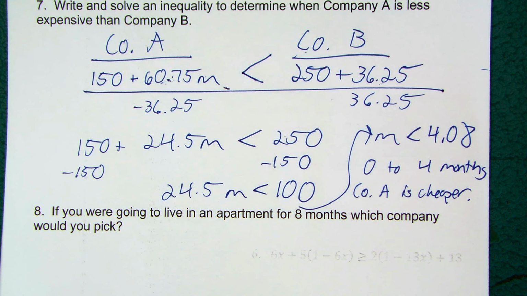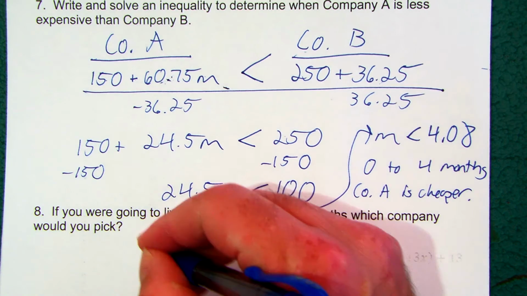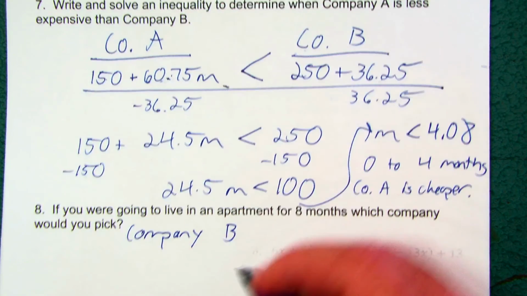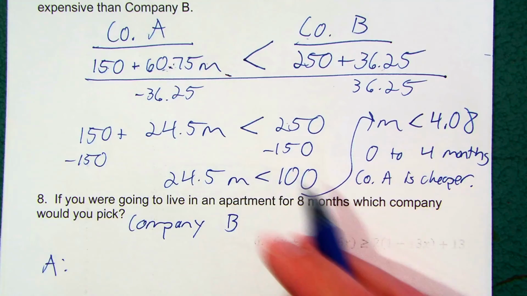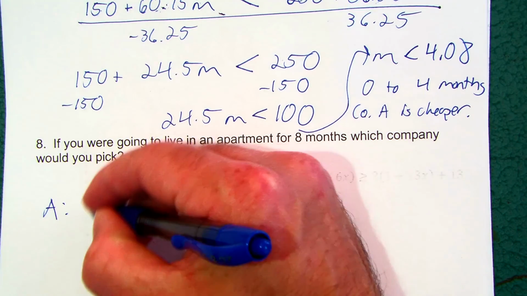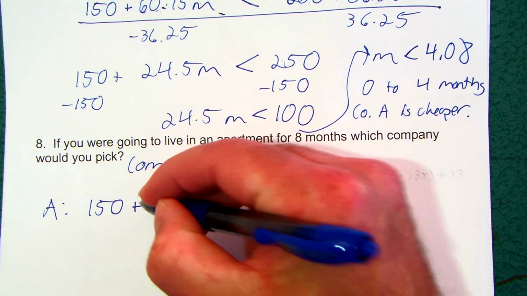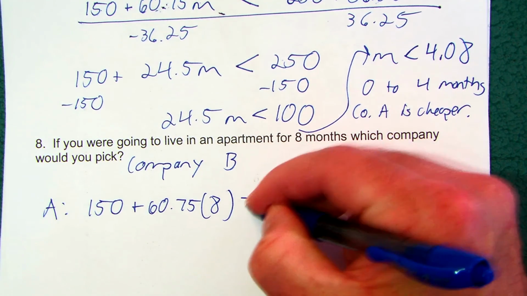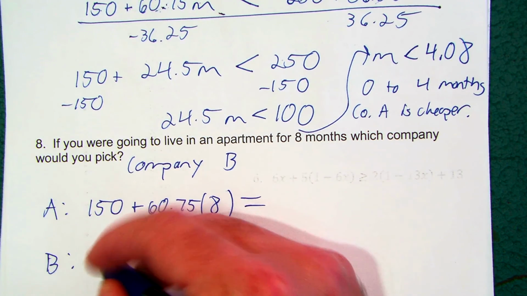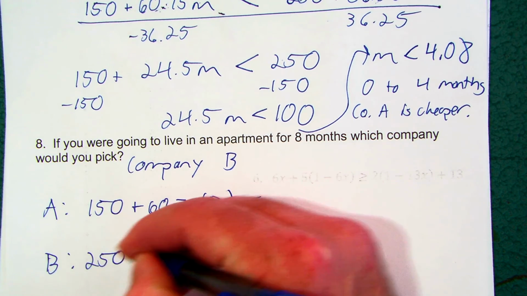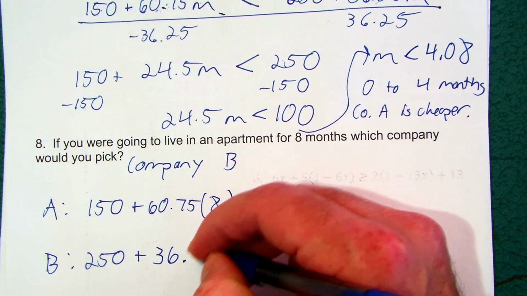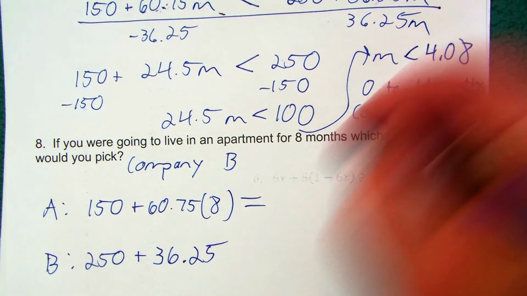So if you're going to live in an apartment for 8 months, which company would you pick? Well, from up here, we know we want to go with company B. Let's just figure it out. A would cost us $150 plus 60.75 times 8. Company B would cost us $250 plus 36.25 times 8.